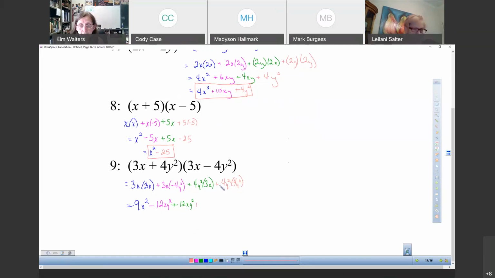And then I have 4 times 4 is 16, and y squared times y squared is y to the 4th. Notice my middle terms disappear. They cancel out. And so my final answer is 9x squared plus 16y to the 4th. And that is it. Oh, amazing.